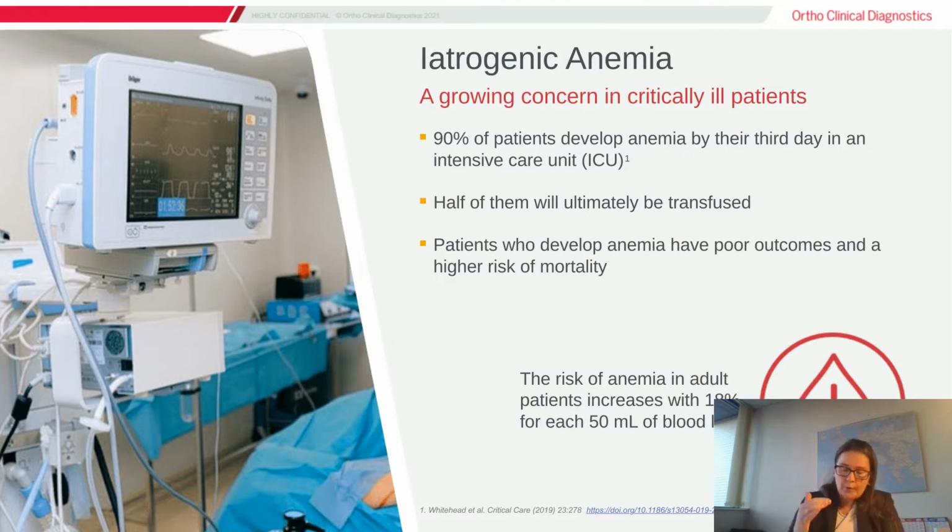And although blood draws can be dramatically reduced by the use of blood conservation strategies, research suggests that they are not widely practiced in all adult, pediatric, and neonatal ICU patients and departments.